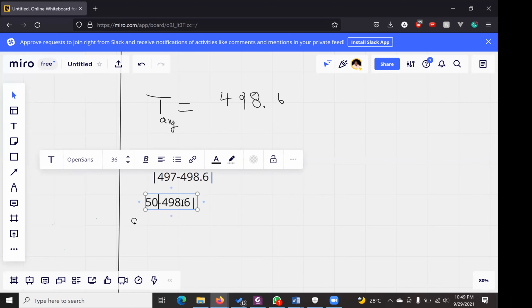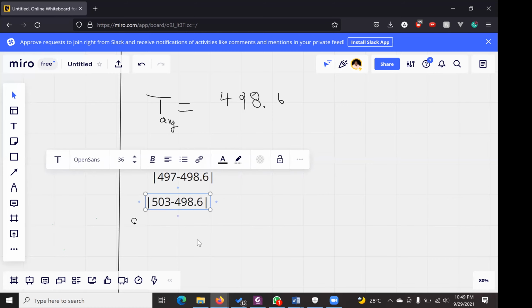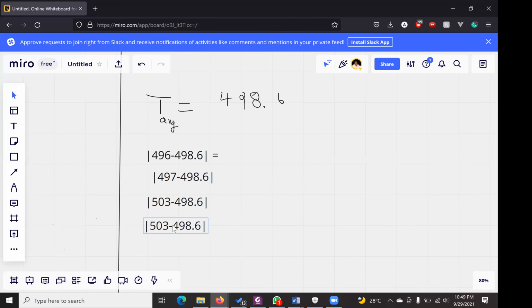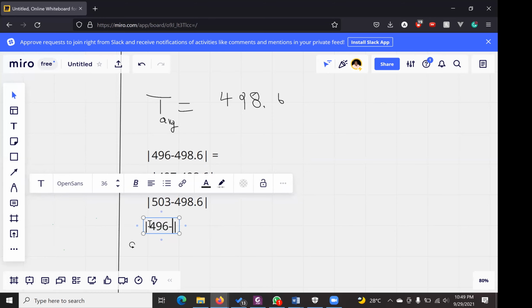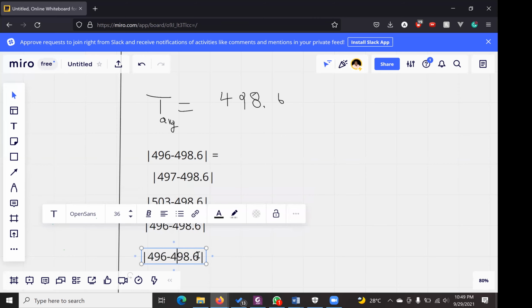Okay. How many more numbers do I have left? Right. Where are we? 503, 496 again. And then the other one is function one.